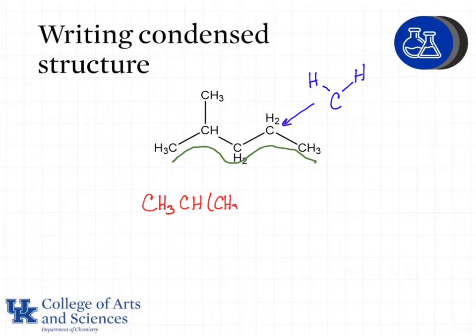So we do parentheses CH3. We go on, we have CH2 as the next piece of the molecule, CH2, and CH3. This is what's known as a condensed structure. It gives us something about the connectivity of atoms without actually drawing out the structure.